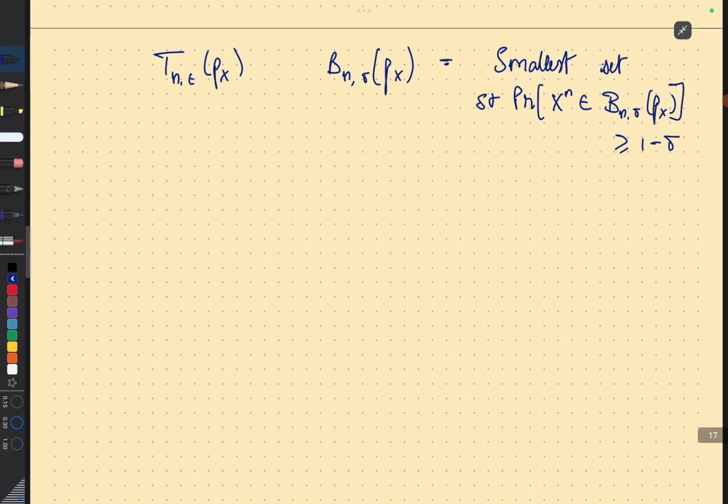So it's at least 1 minus delta. Equivalently, it says that the probability that Xn does not lie in B_n^delta of P_X is less than delta.